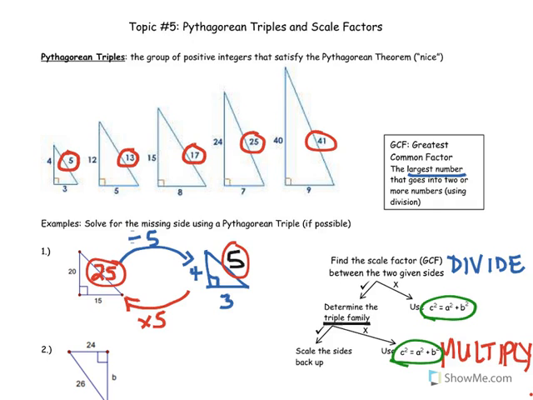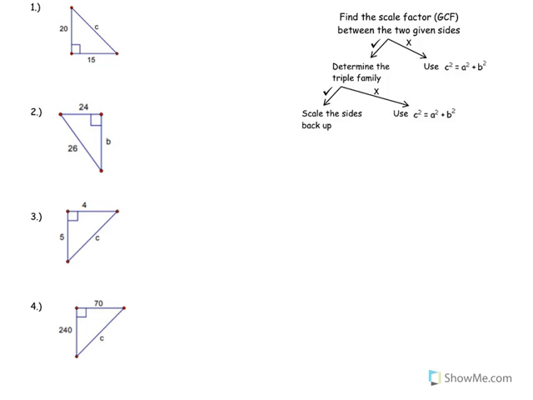Let's look at examples 2, 3, and 4. You're going to have to refer back to the triples, even though they're not on the screen anymore. So let's look at number 2, 24 and 26. What's the GCF between the two? And let's divide by the scale factor. I think for 24 and 26 it's 2.